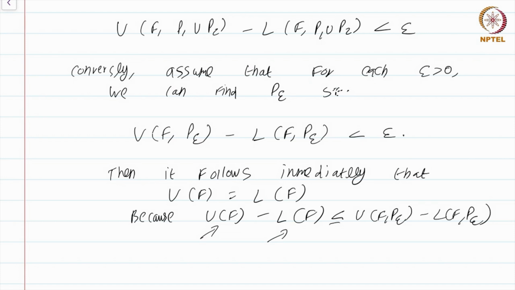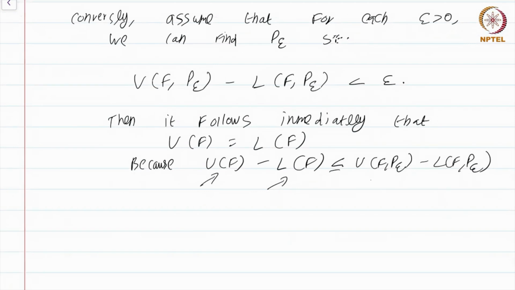Therefore, U(f) minus L(f) is less than or equal to U(f, P_epsilon) minus L(f, P_epsilon), and this is less than epsilon. So what we have shown is U(f) and L(f) can be made epsilon close, hence by a theorem which we proved way back in week 1 or week 2, I think week 2, we are done.